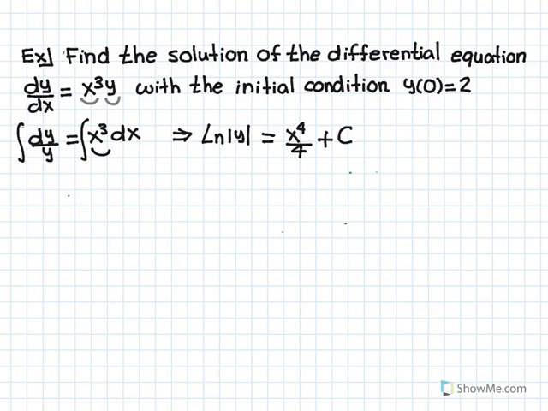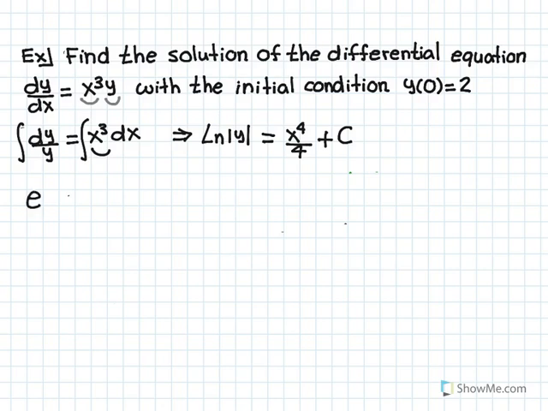When you integrate both sides, you get constants coming out on both sides. But you can just bring everything to the right-hand side and put the constant on the side of the independent variable, which is x in this case. Now the next step is to remove the log, and we do that by exponentiating both sides.